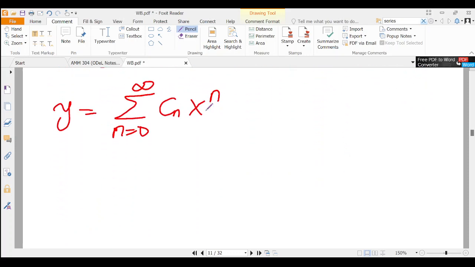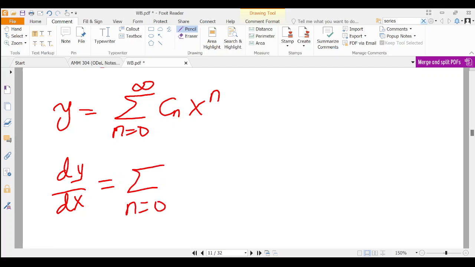So differentiating this function, we see that we get dy by dx being equal to the sum from n is equal to 0 to infinity of n times cn x raised to power n minus 1.